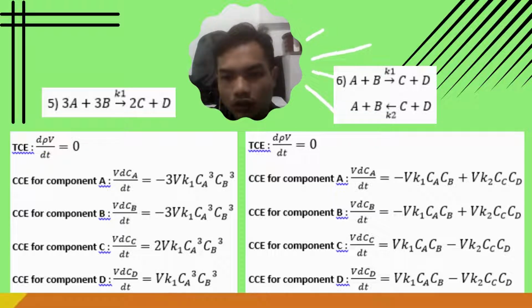For the first process, C is produced from consuming A and B, and for the backward process, C and D are consumed to produce A and B. That's why we got a negative sign for the K2. Same goes for component D. We got VdCD over dt equal to VK1CACB minus VK2CCCD.